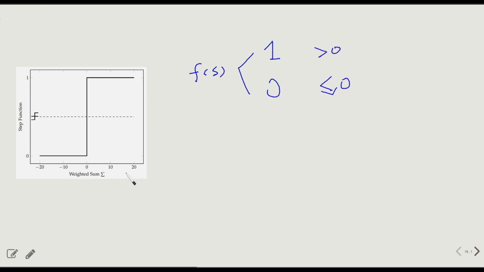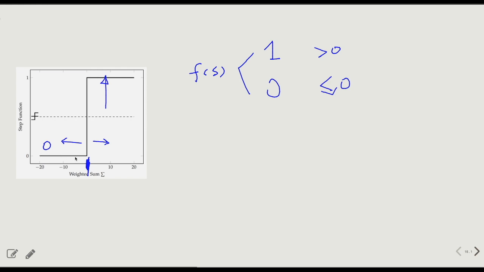So the function can be visualized here. The cutoff is at 0, and when it's greater, it suddenly becomes 1. When it's less than, it suddenly becomes 0. So there is a sudden jump in the function, and it's not smooth. And we know that in order to compute the derivative of something, the function has to be smooth.